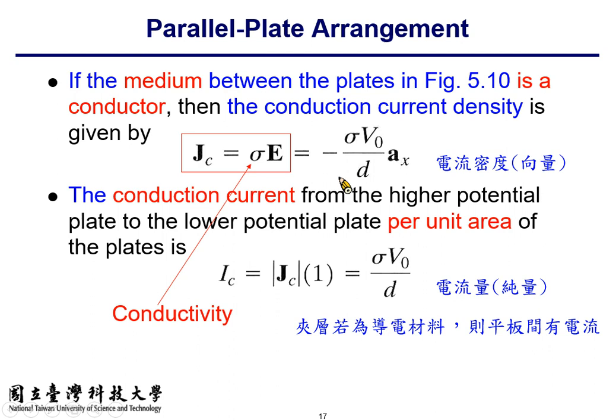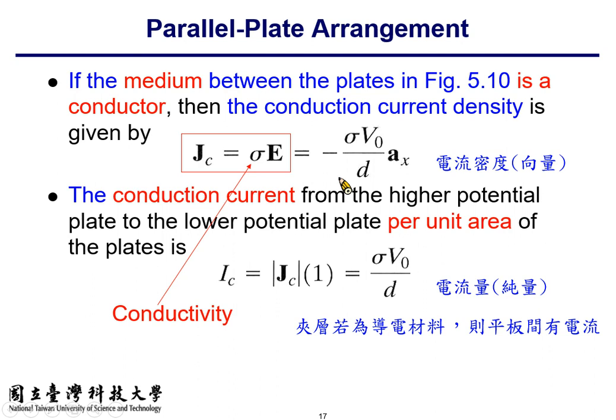The next thing is we can find out the unit area conductance. G is conductance, which is the inverse of resistance. Conductance G is defined as the ratio of current over voltage, which is the inverse of the definition of the resistance, defined as the ratio of voltage over current.